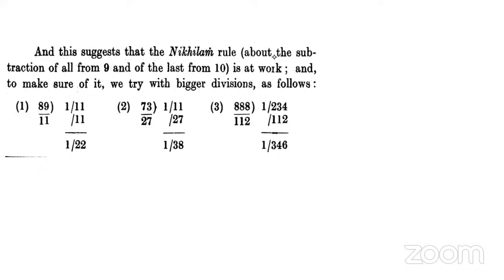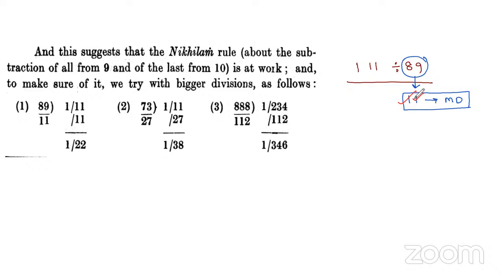Okay. Right. So come to Swamiji's example. First question: 1 divided by 89. Okay. Now see, the complement of 89 from 100, that will be 11, is the modified divisor. How many digits does it contain? 1, 2.